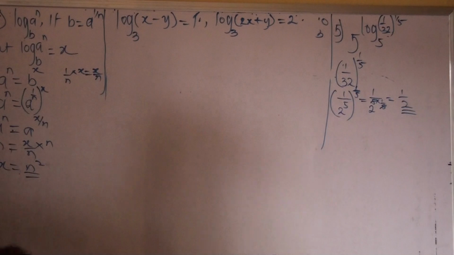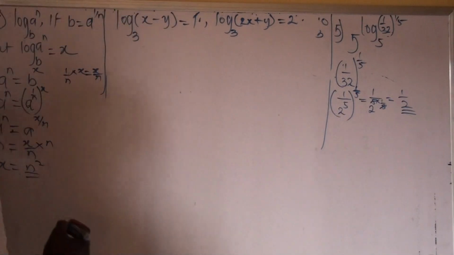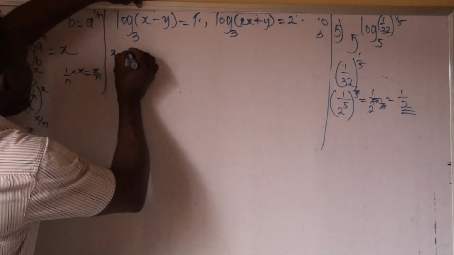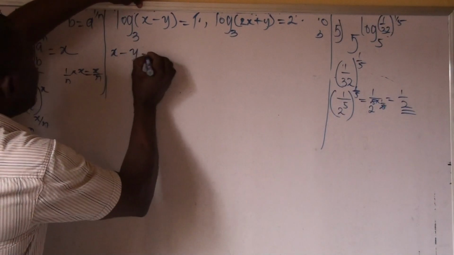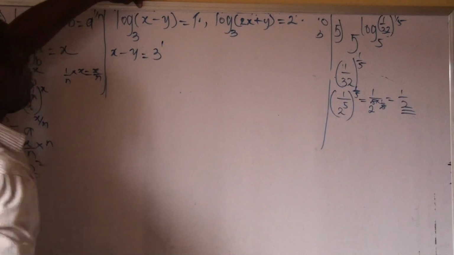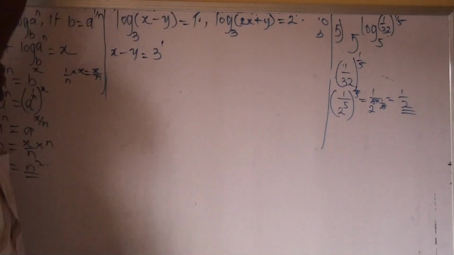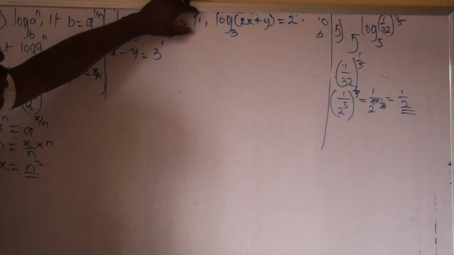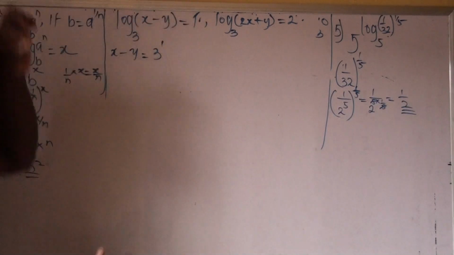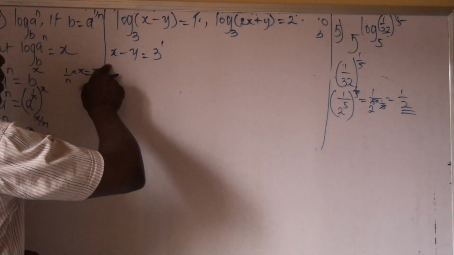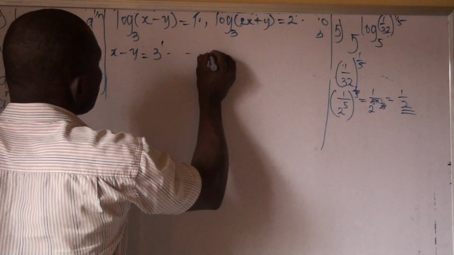Now let's look at this. From the definition of logarithm, it simply means that we can say x minus y is equal to 3 raised to the power 1. The base will come and carry the number here, from the definition: the power to which the base must be raised to give this number. This is our equation 1.